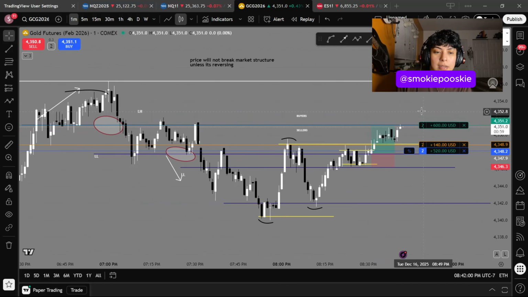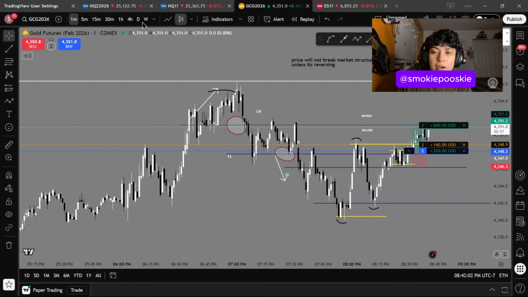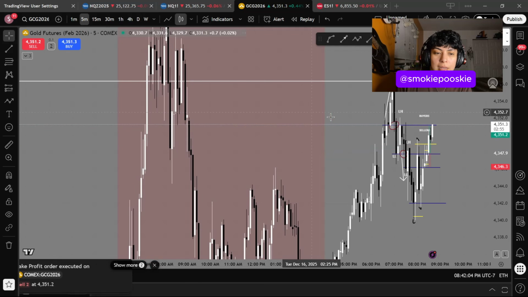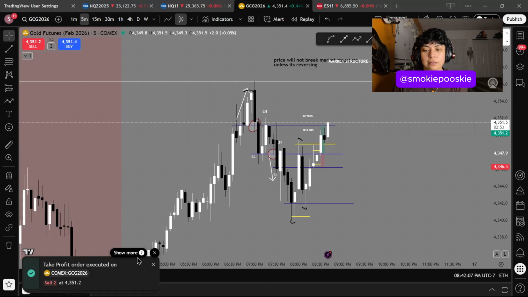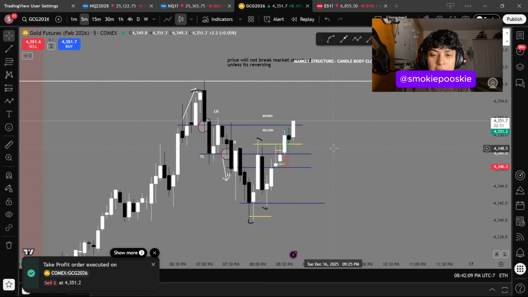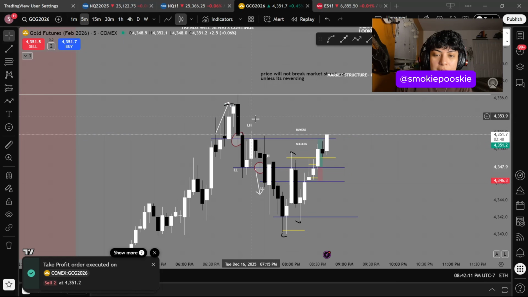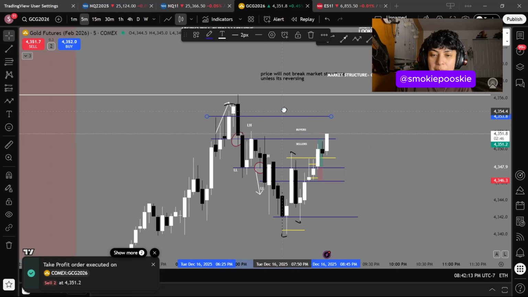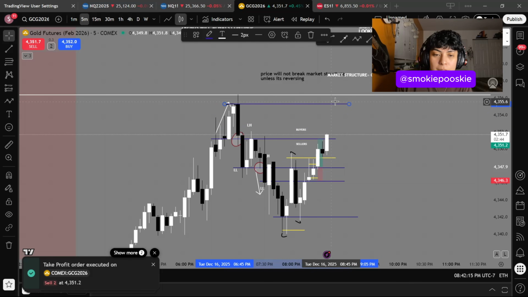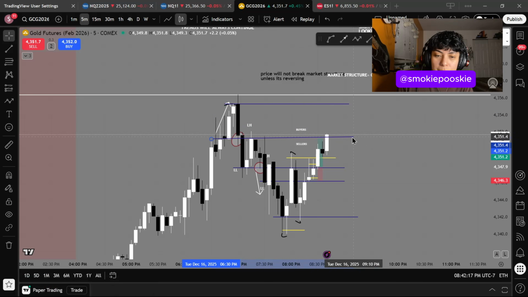And then you zoom out on your 5 minute and you see, oh, there you go, guys. See? And so this would have been your next target right here, because that's your next 5 minute high, right? And this would have been TP2. So we could have even written that down.